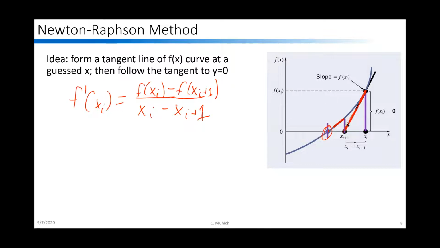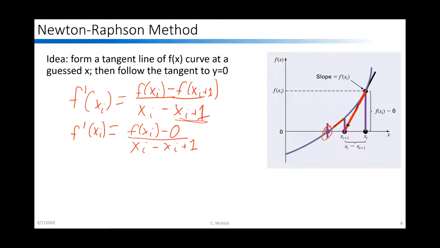Right? So just our general definition of a derivative or the tangent line from calculus. We want to find this xi plus 1 where f of xi plus 1 is 0. So we can rewrite this formula as f of xi minus 0 over xi minus xi plus 1. And that's now our derivative.